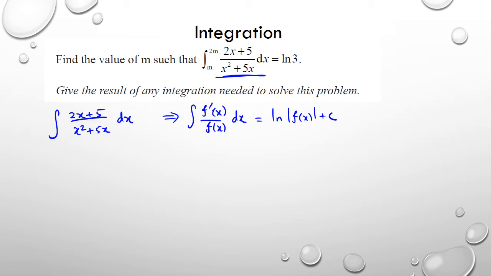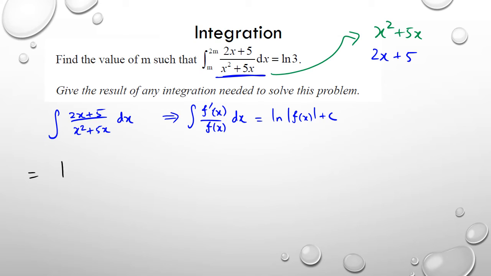So in here, you can kind of see that the denominator is x squared plus 5x. If I differentiate x squared plus 5x, I actually get 2x plus 5. So I can straight away put this equation here, because I've got f dash of x in the numerator and f of x in the denominator.